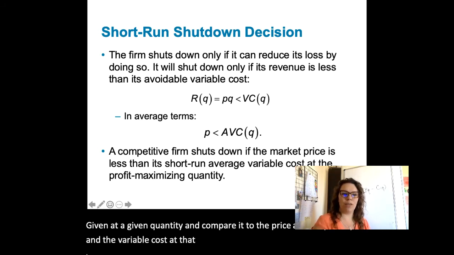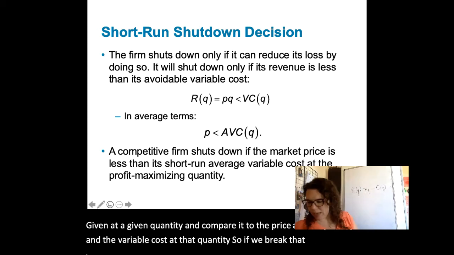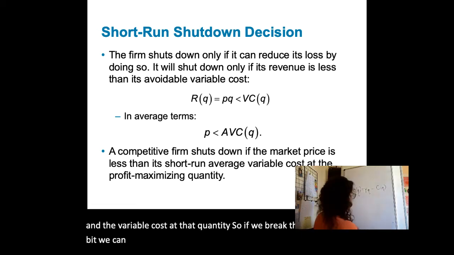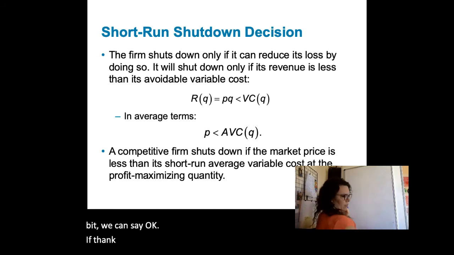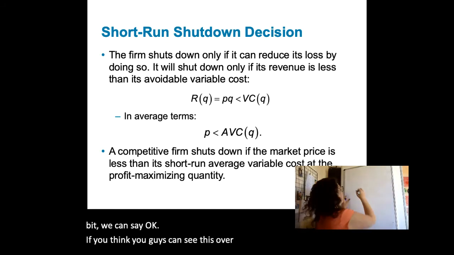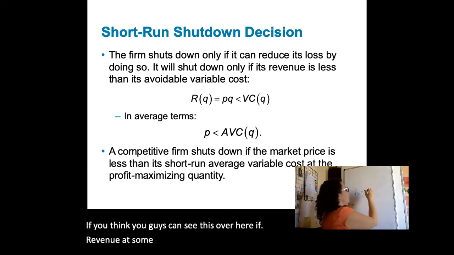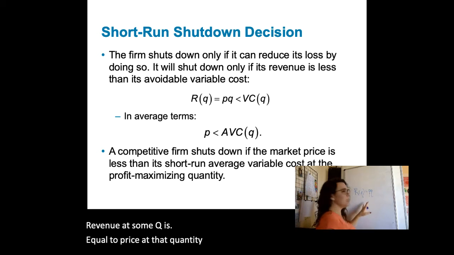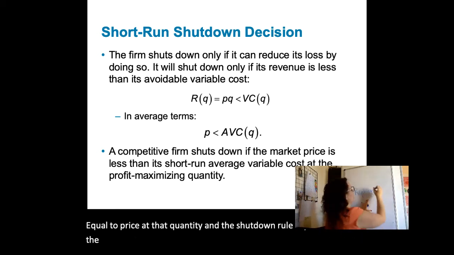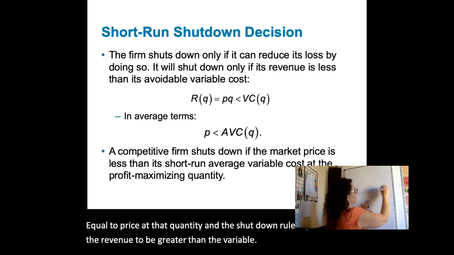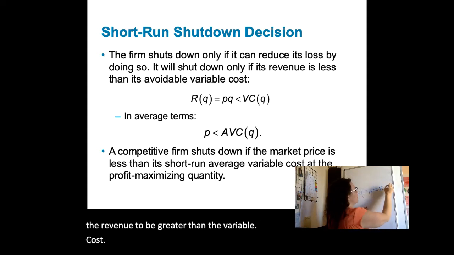So if we break that down a little bit, I think you guys can see this over here. If revenue at some Q is equal to price times that quantity, the shutdown rule says that we want the revenue to be greater than the variable cost at that quantity.